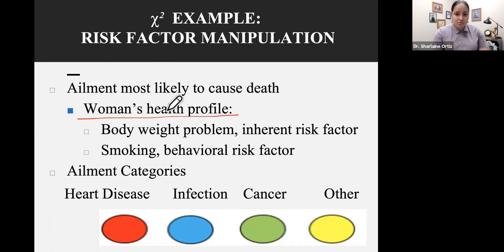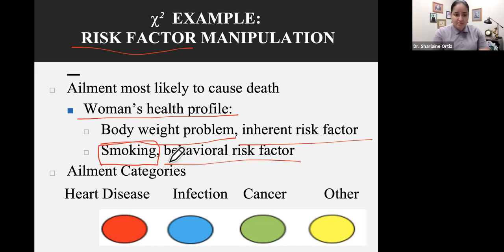So let's look into some of the aspects that could be risk factors. Here we have that body weight could be an issue in increasing that inherent risk factor. And also we have some behavioral risk factors. In this case, smoking is a behavioral risk factor.